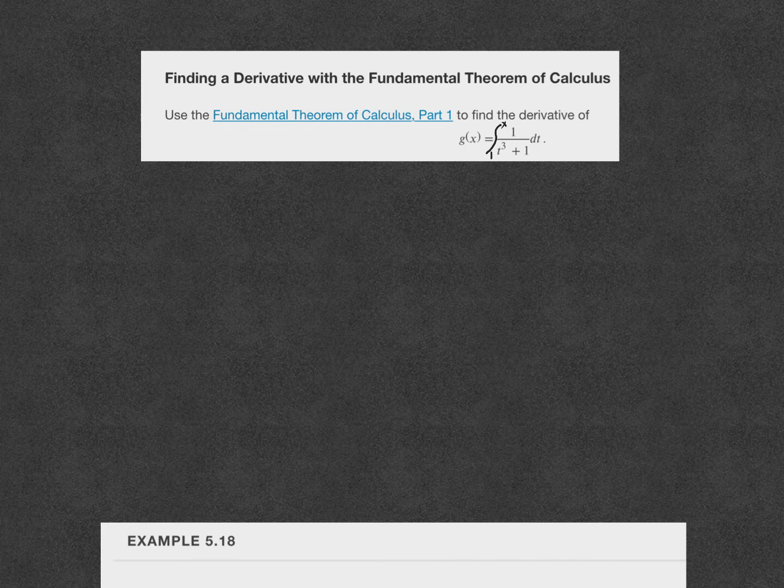Now, rewriting my fundamental theorem from up above, it looked like this. Capital F of x is the integral from a to x of f of t dt. Okay, so this looks really similar to the notation in the fundamental theorem of calculus. So using that theorem, it said that capital F prime is little f. So in this problem, we want g prime.